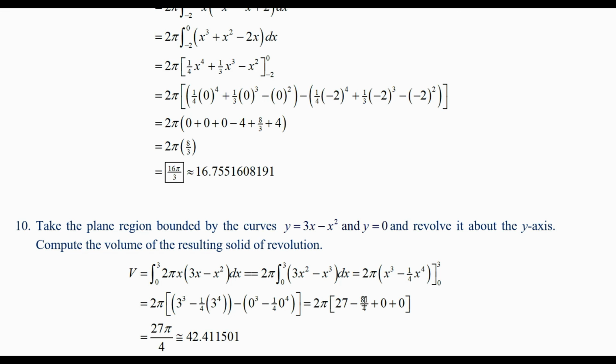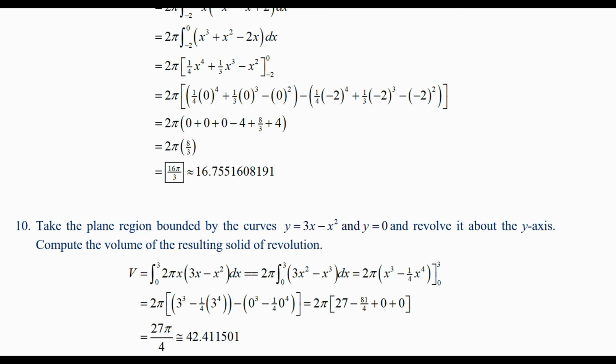Actually, if you notice, I can factor out a 27. Pull a 27 out and distribute the 2. So if I factor out a 27, that goes out front with the pi. Distribute the 2 in, I get 2 minus a half. Wait a minute, let me say it again.